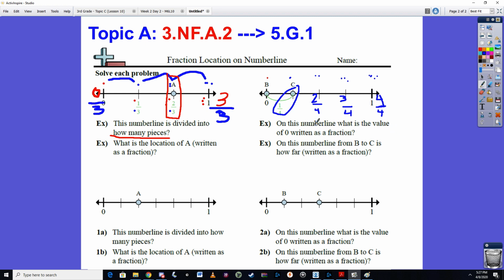On this number line, what is the value of 0 written as a fraction? Well, this is 0 fourths. On this number line, from B to C is how far written as a fraction?